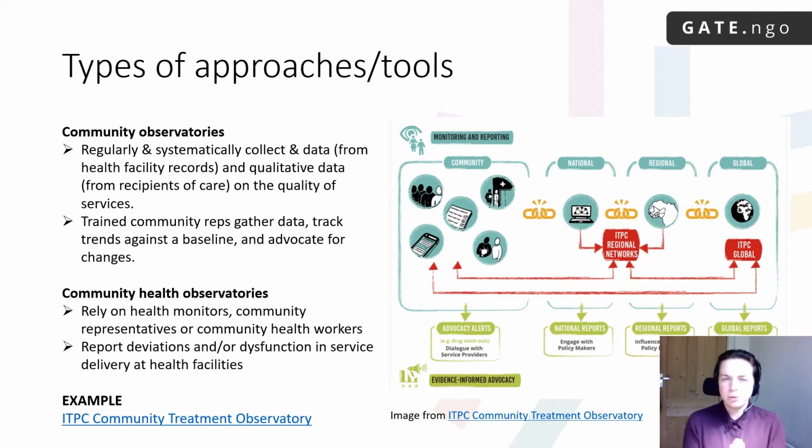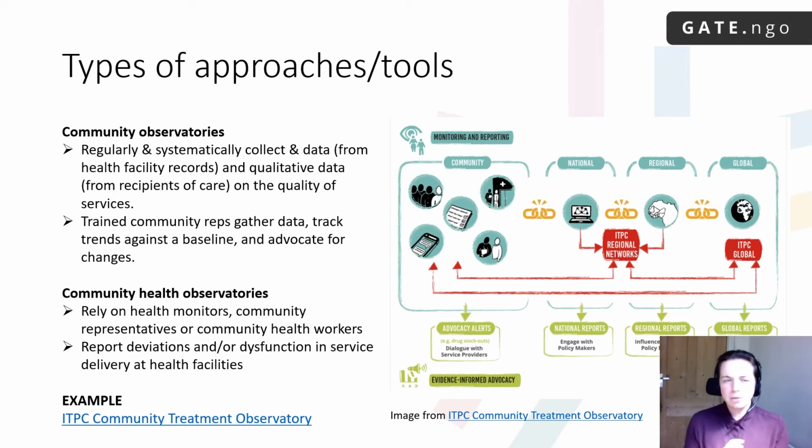Community observatories we touched on in the case study earlier, but these are bodies that regularly and systematically collect data. This can be from health facility records, or it can be from service users, and they look at quality of services. And they use trained community representatives to gather the data, often working against a baseline. So they do an initial measuring of data and then track change against that over time.